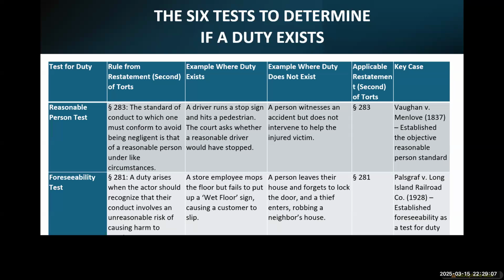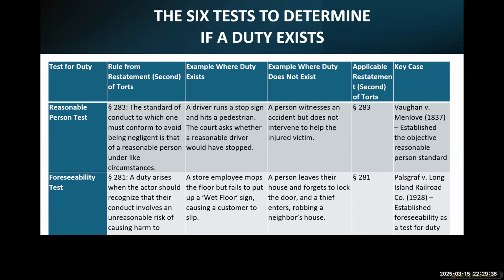Here's an example. A driver runs a stop sign and hits a pedestrian. As the court is trying to make a decision about whether the driver had a duty of care to the plaintiff, the judge is going to ask whether a reasonable driver would have stopped, because that would have prevented the harm to the plaintiff.